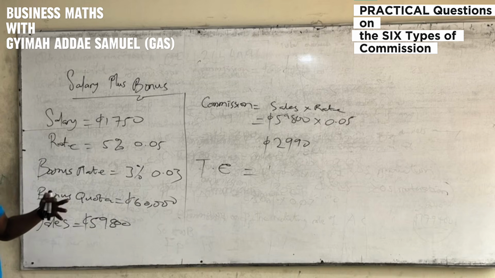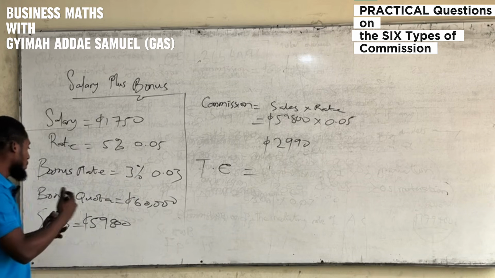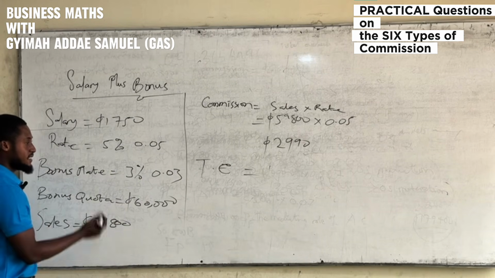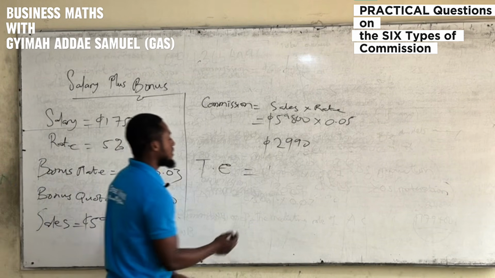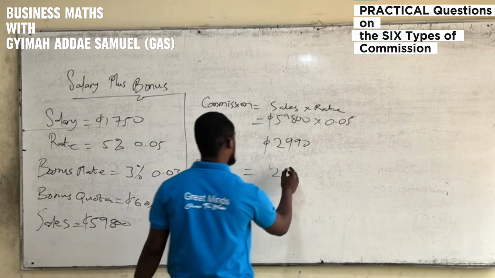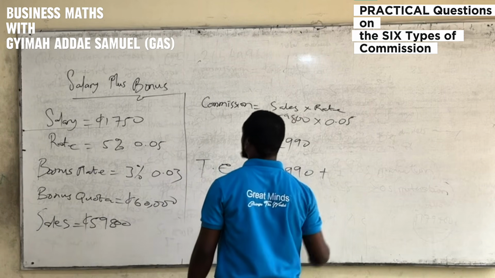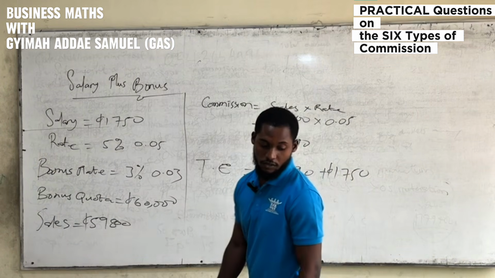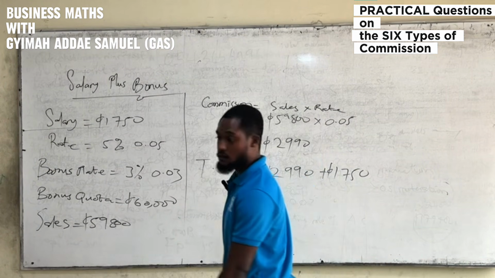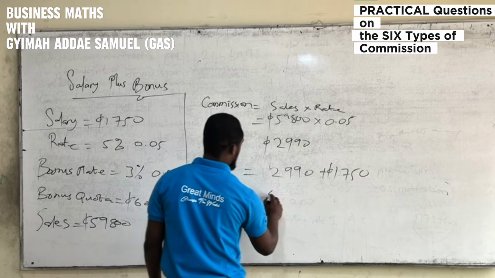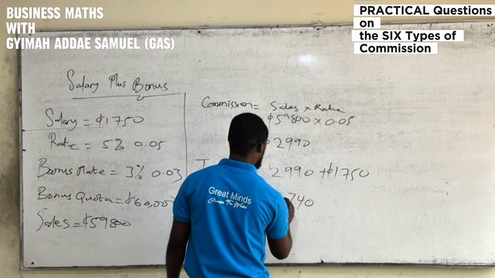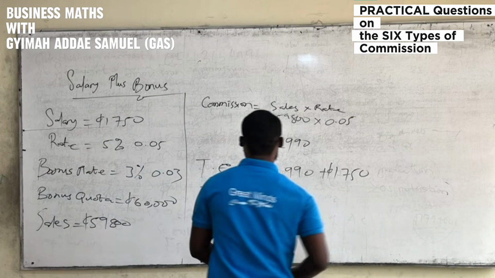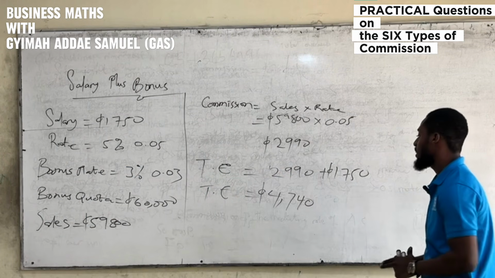That means the sales personnel didn't get up to the quota or didn't exceed the quota. So there won't be any need to add a bonus here. So the total earning becomes 4,740.